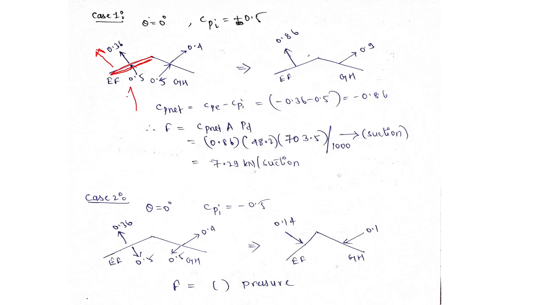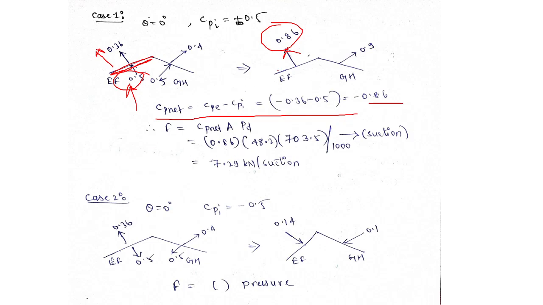The resultant of 0.36 and 0.5 will come out to be 0.86, because CP net is CPE minus CPI: minus 0.36 minus plus 0.5, which becomes minus 0.86, or we can show it as 0.86 in the suction direction, an upward arrow. Similarly here on the GH side.